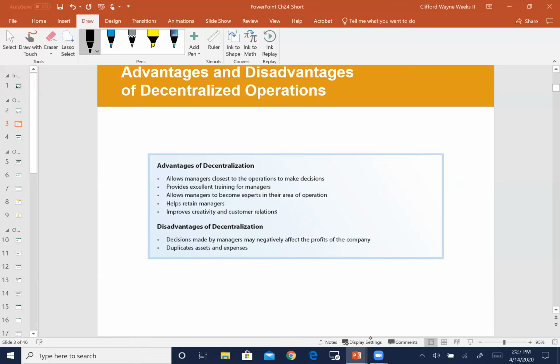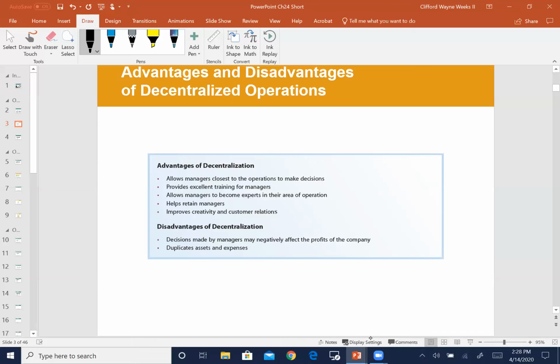It provides excellent training for managers, so they can become experts in their area of operation. It also helps retain managers, because if they see that they have upward mobility, they're more likely to stay with the organization. And it improves creativity and customer relations, because the people on the ground dealing with our customers have limited but real authority to meet the needs of our customers.